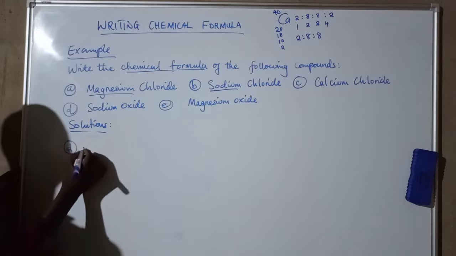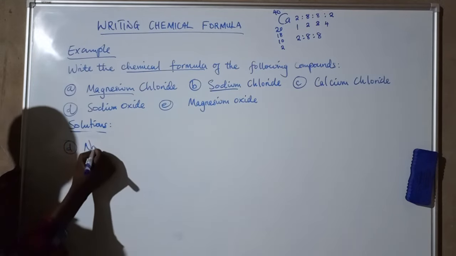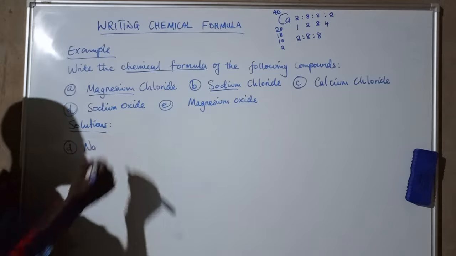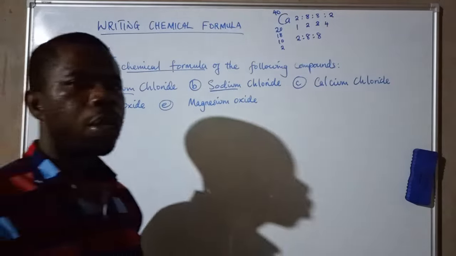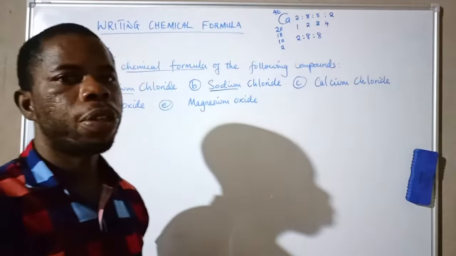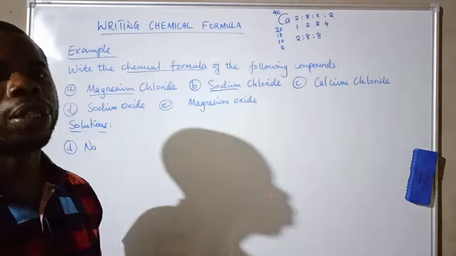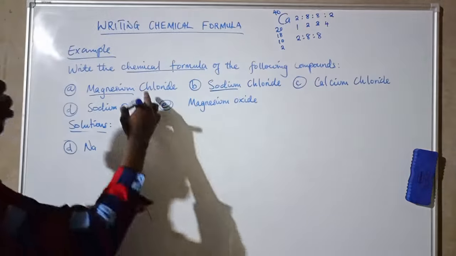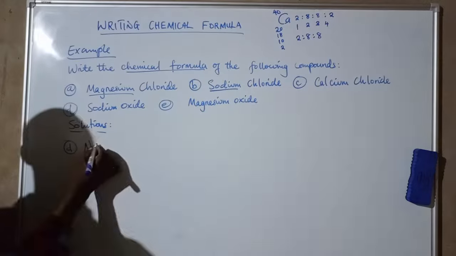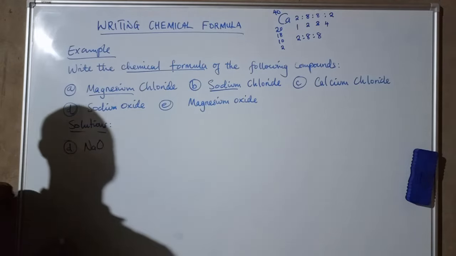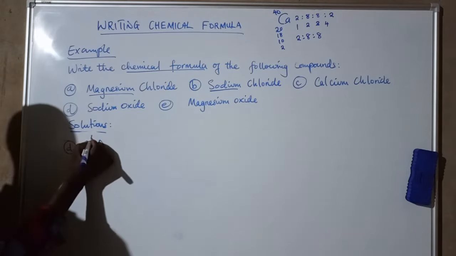So the symbol for sodium, we said it is capital N, small letter a. Then oxide is oxygen. Whenever oxygen reacts with another element, the name changes to oxide. So the symbol for oxygen on the periodic table is capital O, like that. Now, sodium, we have seen that the valence is 1.